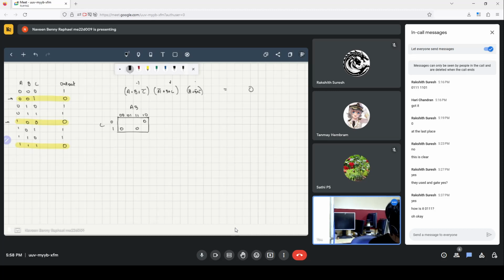Oh no, give me a second. I have accidentally selected a k-map which cannot be reduced, so instead of having this to be 1, we'll take this to be 0.